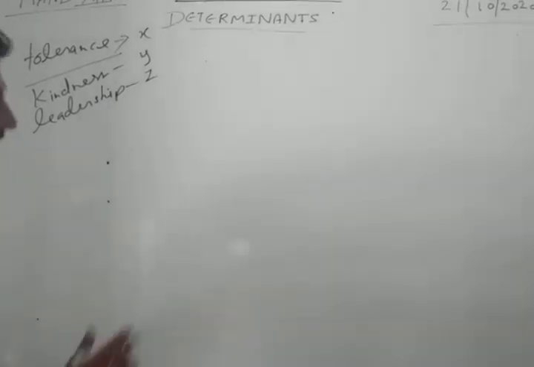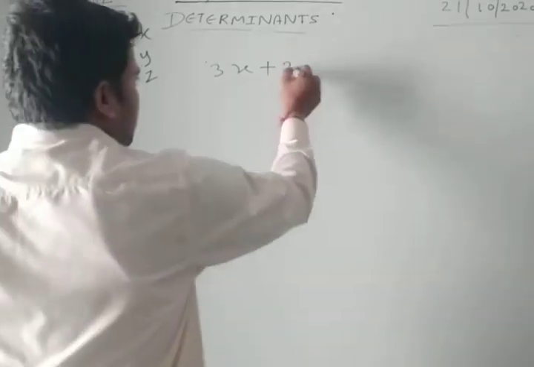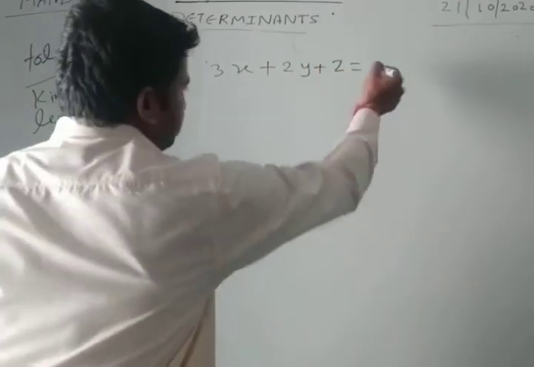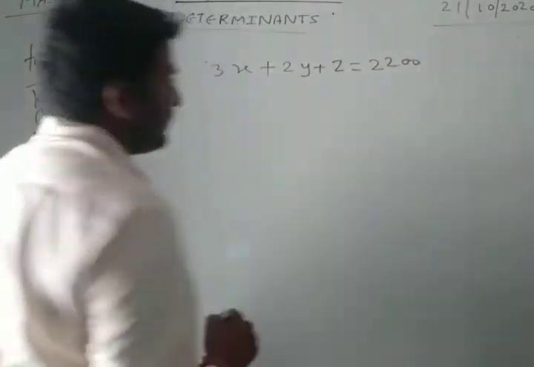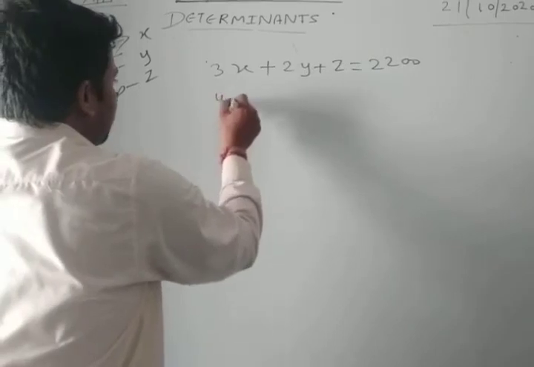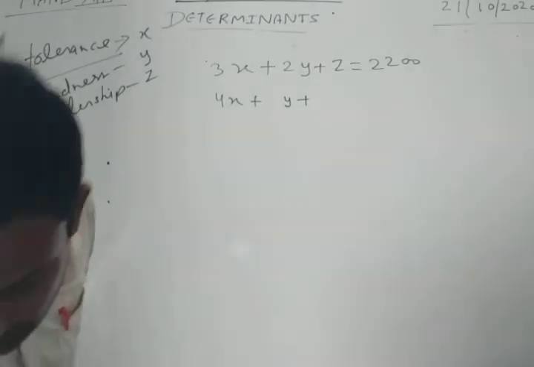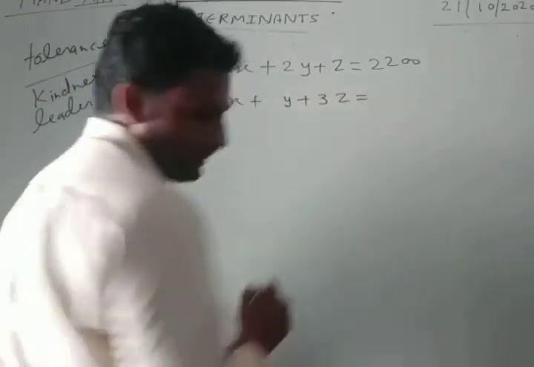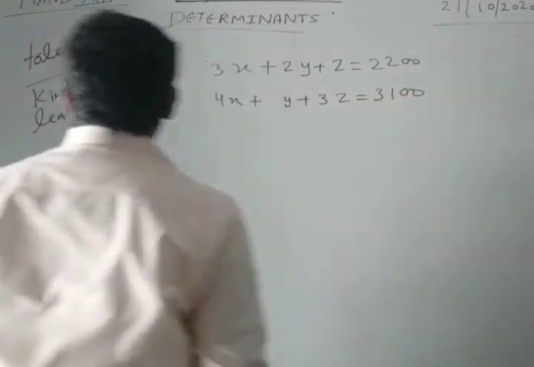So we make the equation. According to the question our first equation is 3x plus 2y plus z is equal to 2200. For the second condition, we are given 4, 1 and 3, so we write 4x plus y plus 3z is equal to 3100.